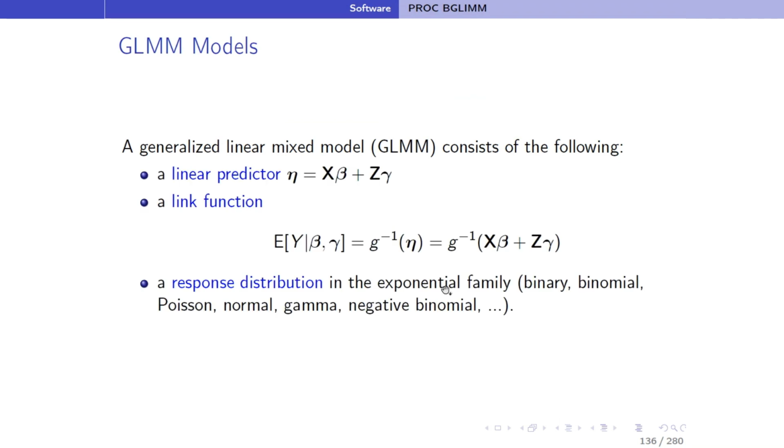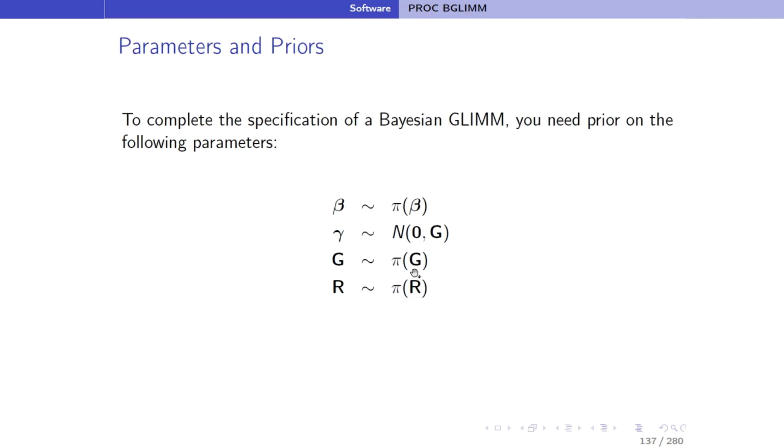The extension to a generalized linear model is this: you have the same linear predictor Xβ + Zγ, and then a link function to the expected value of y, log link, probit link, whatnot, and then the likelihood is from the exponential family. That makes a generalized linear mixed effects model.